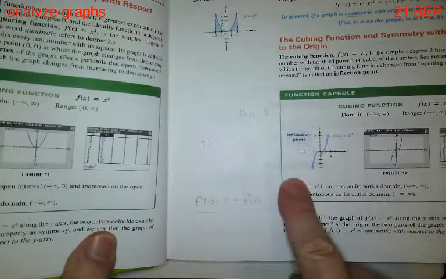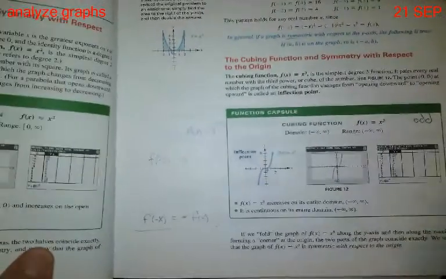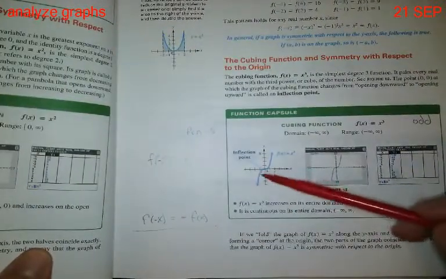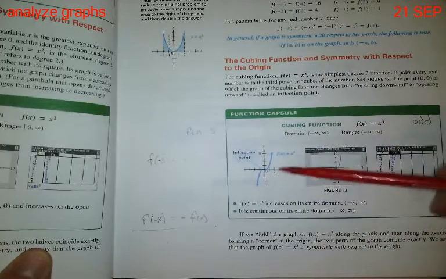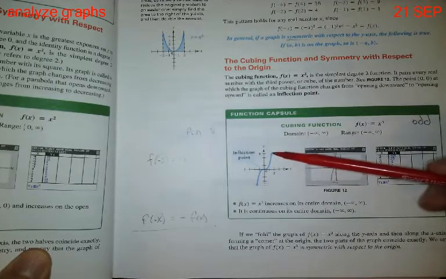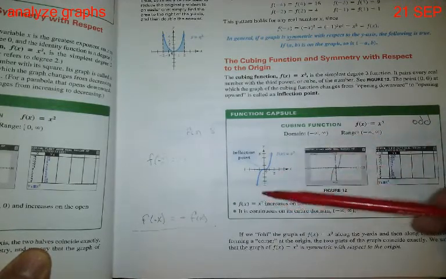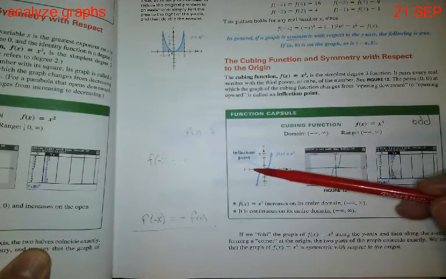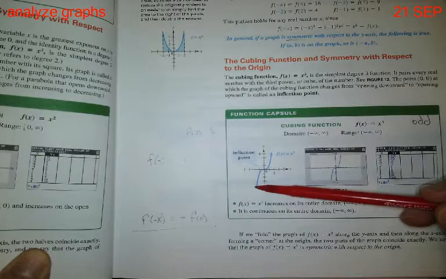Here is an example of an odd function. If I pick the number 2 and put it in here, 2 to the 3rd power means 2 times 2 times 2, that's 8. And if I pick a negative number, like -2, negative times negative times negative, that would be -8.